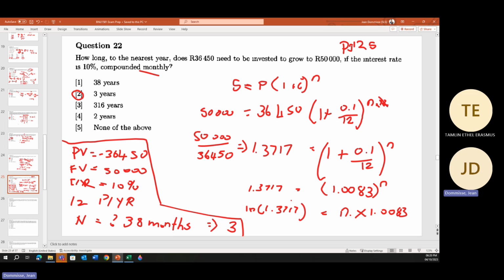Ooh, okay, let me quickly see what has gone wrong here. If my calculator is not doing it correctly, no, that can't be. This definitely is not working on my calculator. I just want to check in Excel what log is of that.